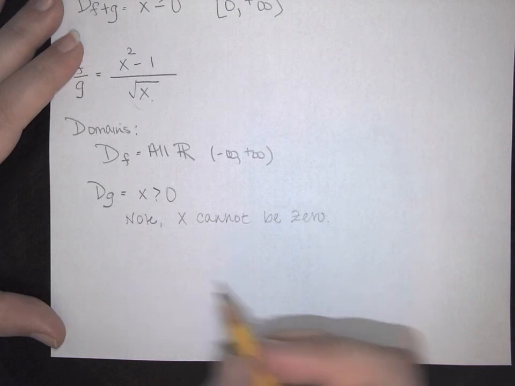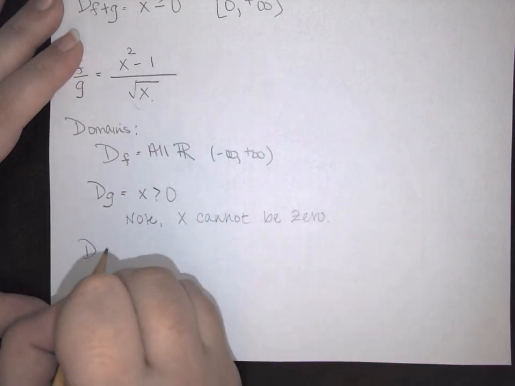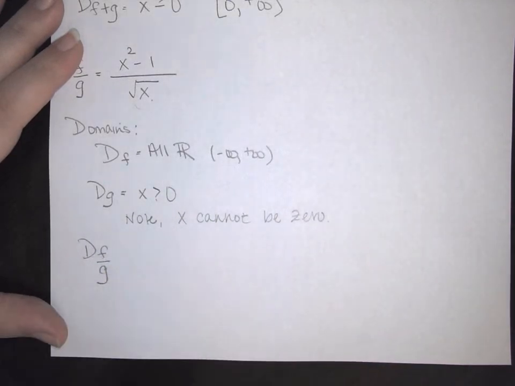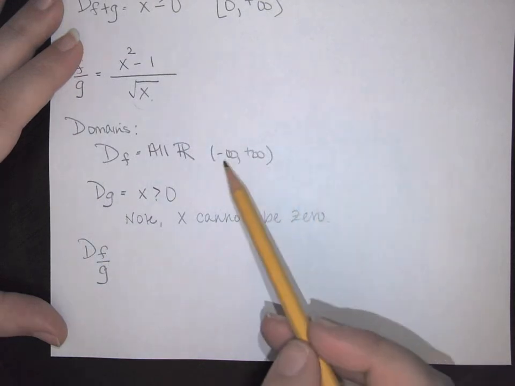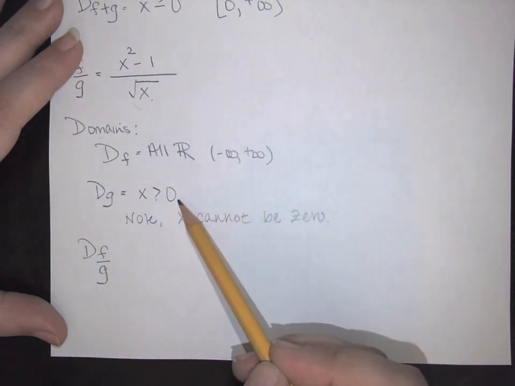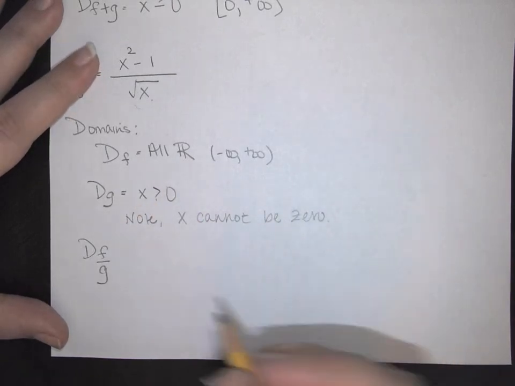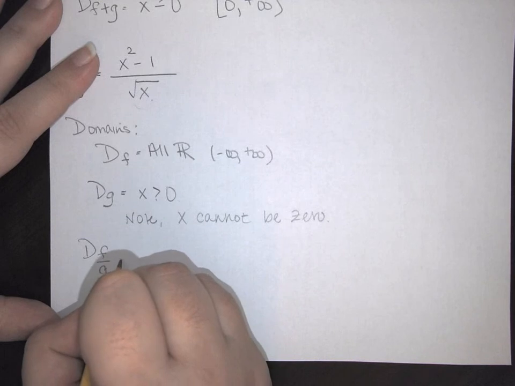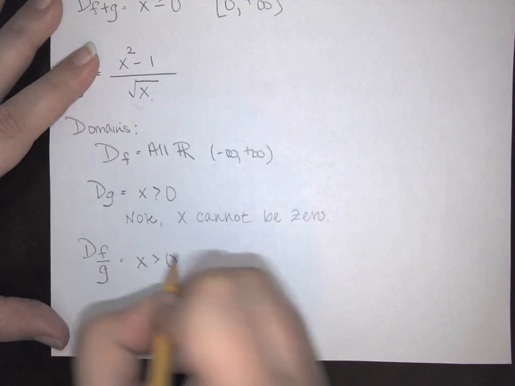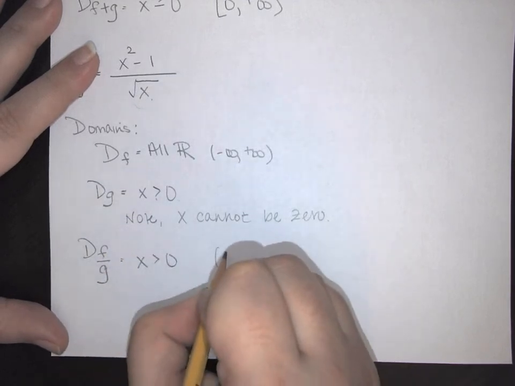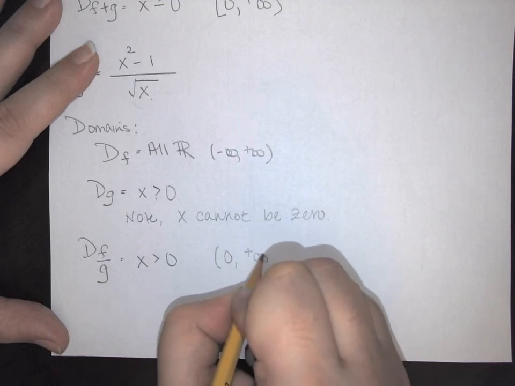So in this case, when we're looking at f divided by g, we're still looking at the overlap. And so here, when we overlap, we are looking at everything that's going to be greater than 0. So we're looking still at x is greater than 0. So we have 0 to positive infinity.